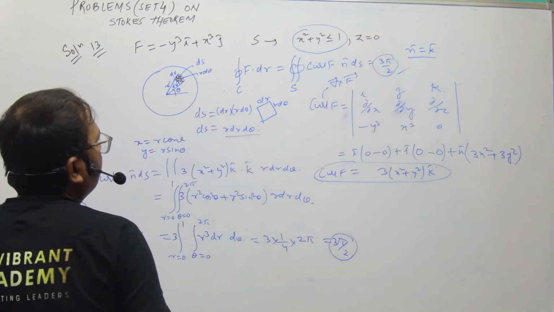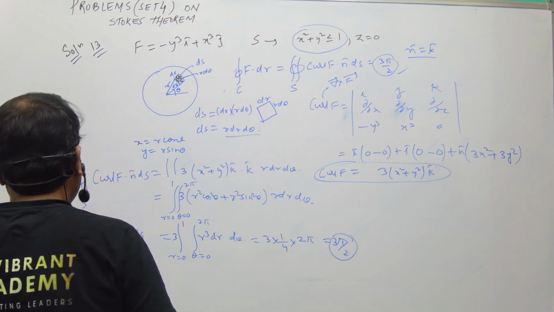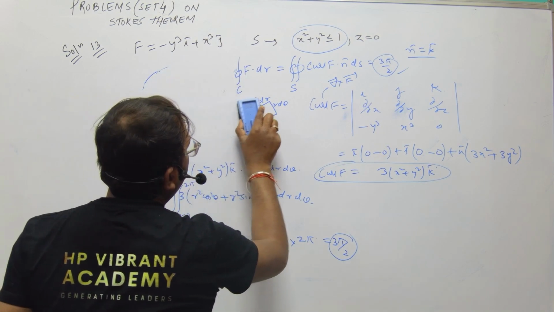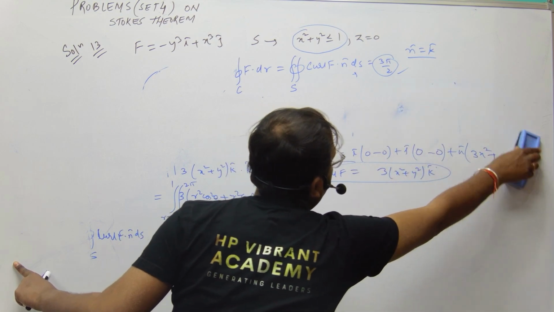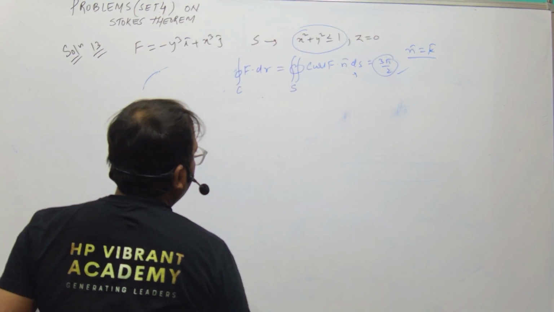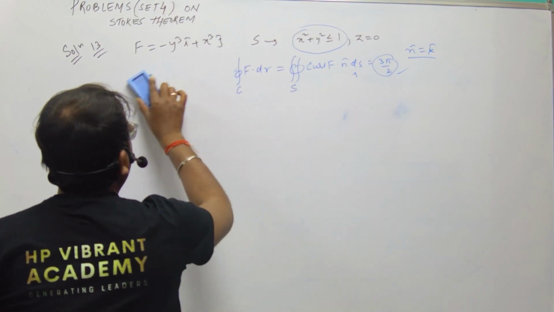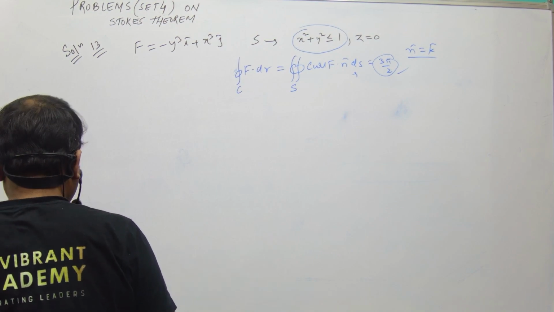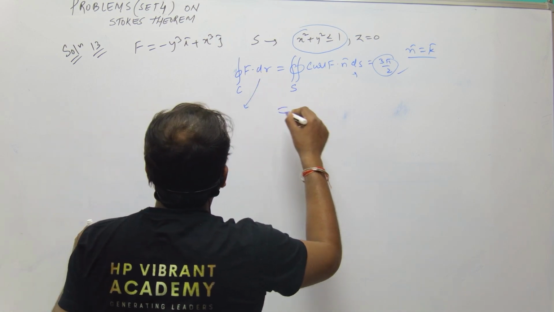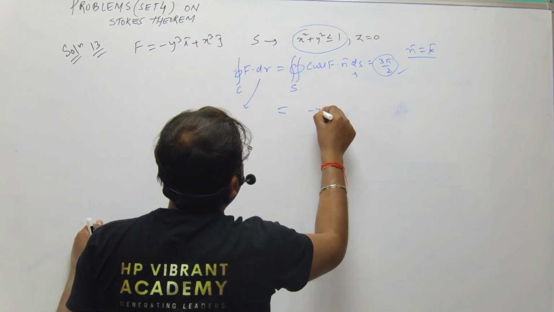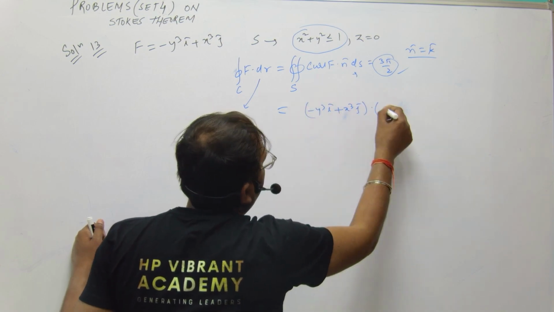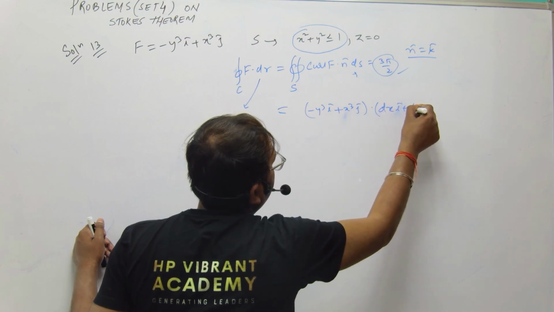Now let us find f dot dr along the curve C, that is the line integral. So we have f dot dr along the curve C. The value of f is minus y cube i cap plus x cube j cap, dot product with dr. dr we can write as dx i cap plus dy j cap.